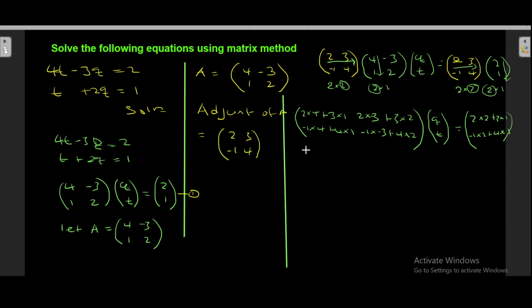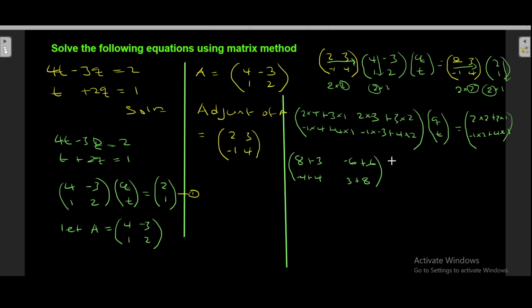Okay, let's add up. Working out this side, 2 times 4 gives us 8, plus 3. Here it's going to give us negative 6 plus 6, negative 4 plus 4, and 3 plus 8.